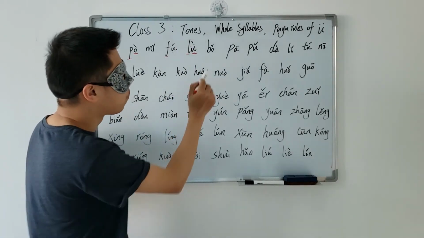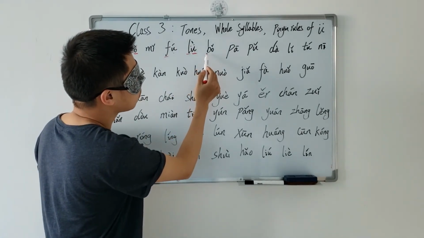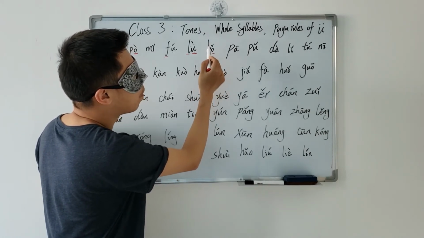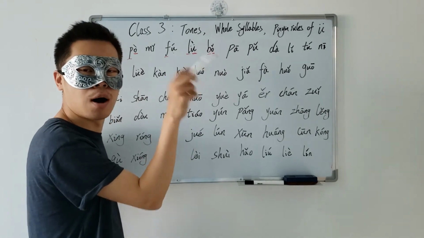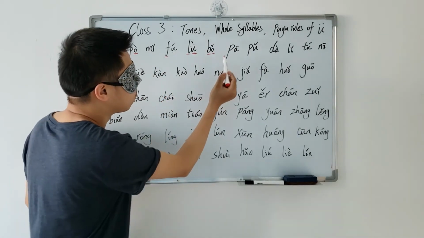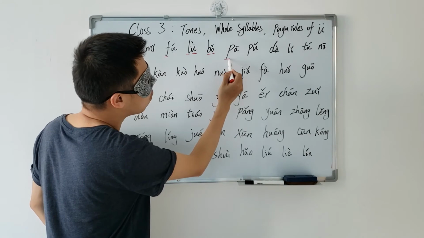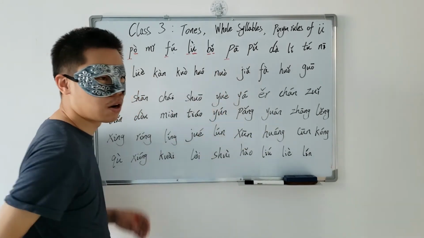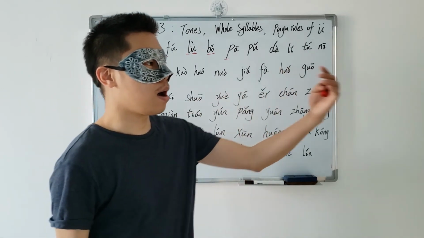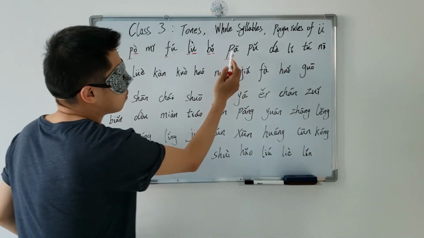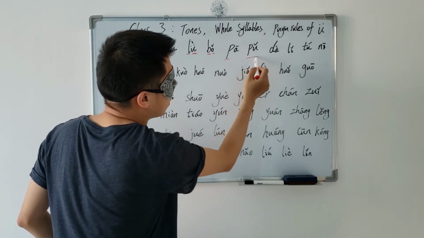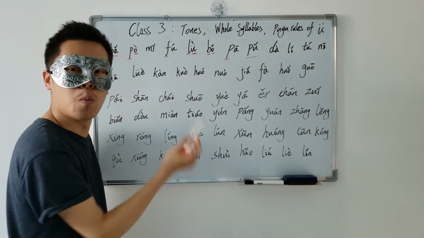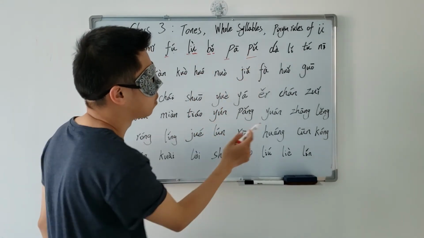This one is b, wo, bo, the third tone. The next one is p, a, pa, the first tone. The next one is p, wu, pu, the third tone.